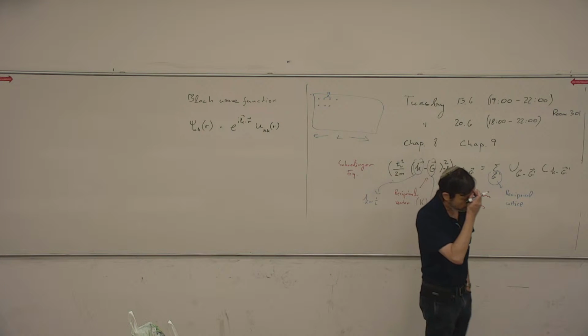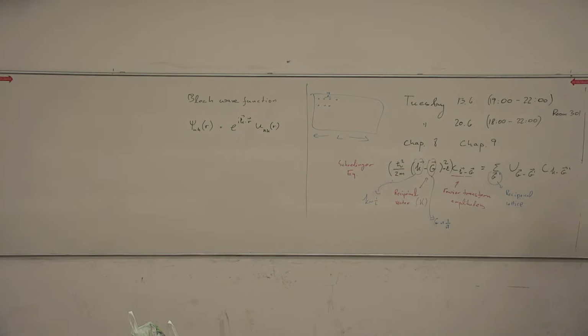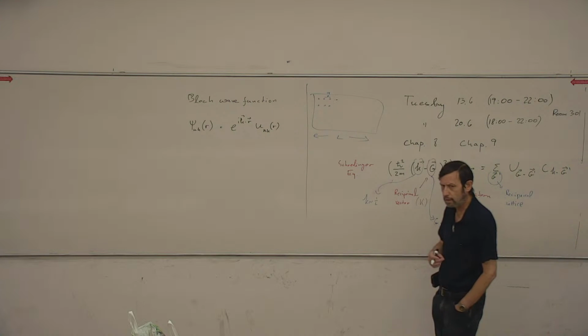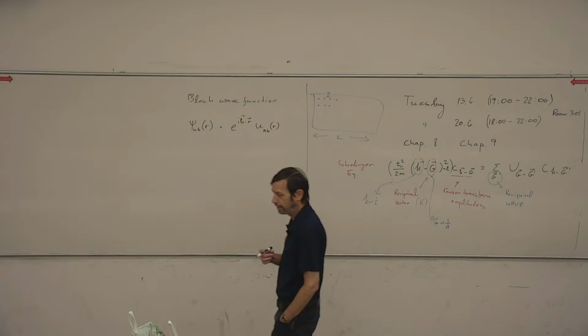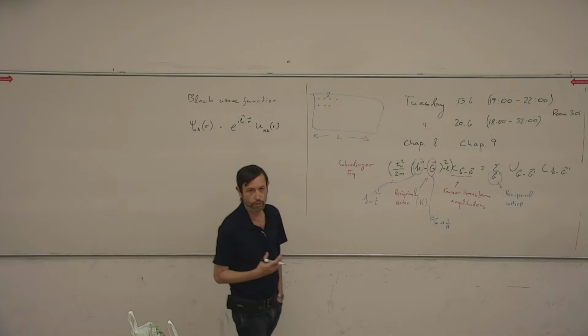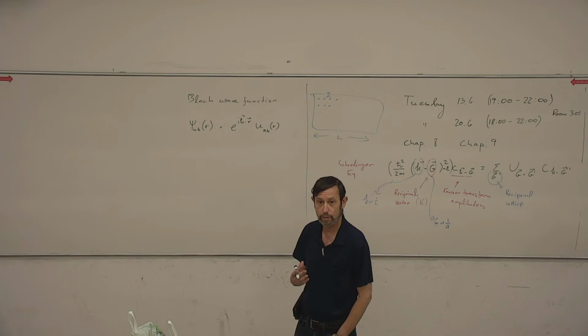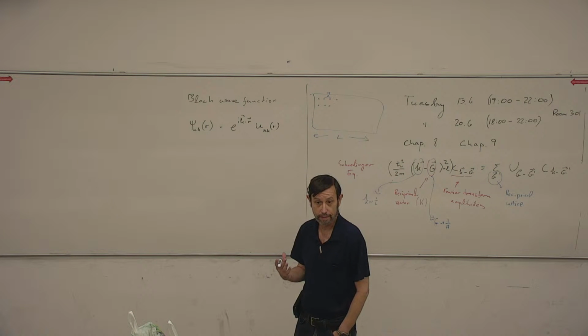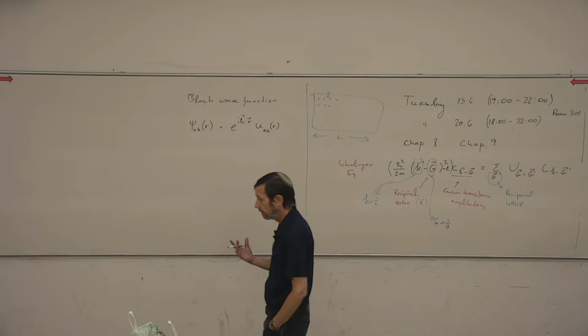And now I would like to examine a connection that is deeply rooted in our understanding of quantum mechanics. This is the connection between momentum and K, the wave number, the wave vector.